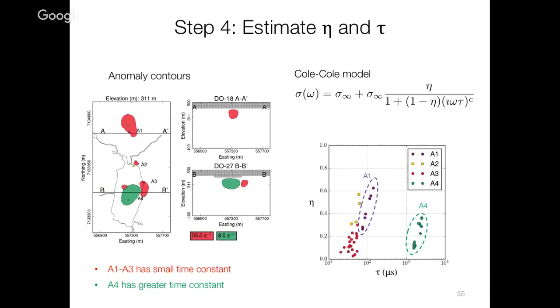If we look at A2, we get the yellows, A3, we get the reds, and A4, the greens, we get up here. So there's a huge difference between what's happening out here for A4, which is this guy here, compared to the other guys. So there is definitely two different kinds of rocks there. They have two different kinds of time constants.